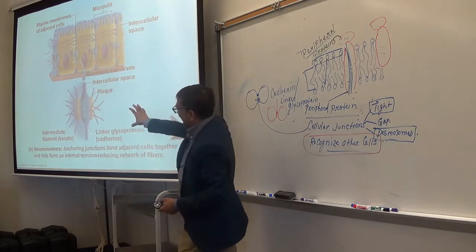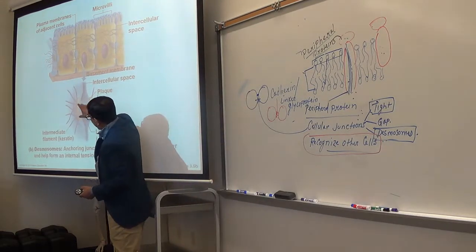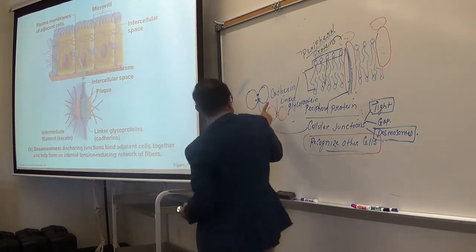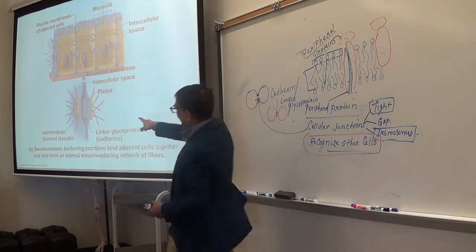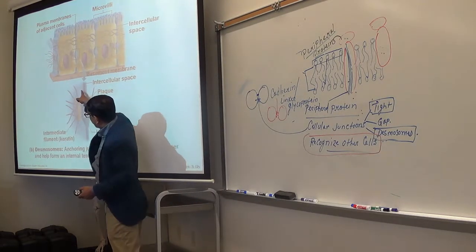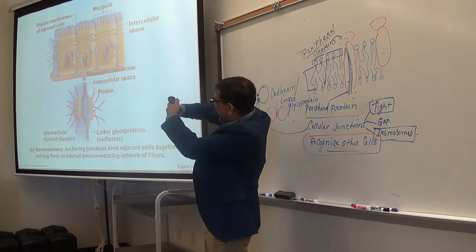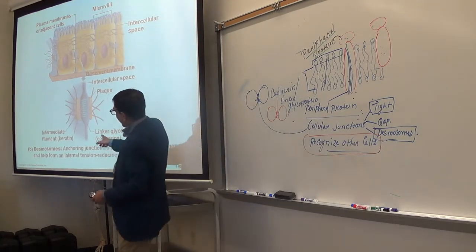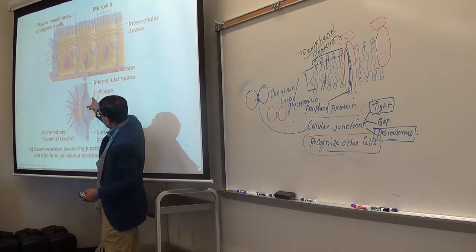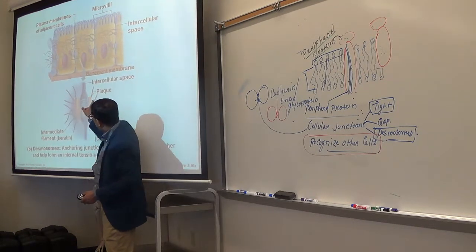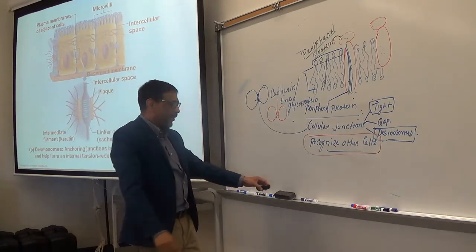This is the structure of a desmosome. So these are linker glycoproteins or cadherins that I showed you here. Okay? This is one cell membrane, this is the next cell membrane. So cadherins come out and get attached to each other like a zipper. And inside the cell membrane you have disc-like structures, those are called plaques.